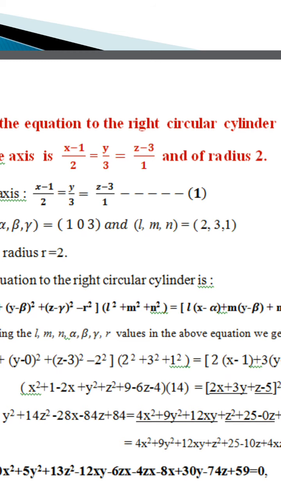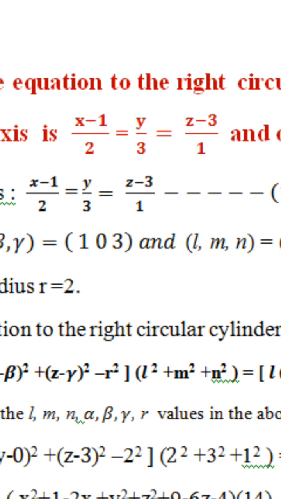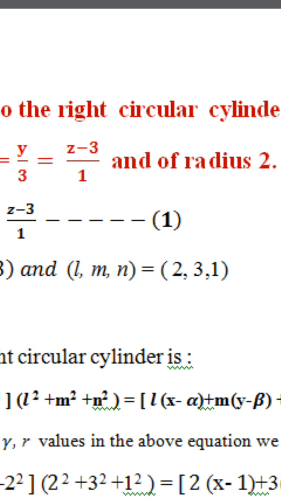From the axis, write down alpha, beta, gamma, that is a point on the axis, and l, m, n, the DRs of the axis. And write down the given radius, r is equal to 2. After that, write down the equation of the right circular cylinder and simply substitute all the values.